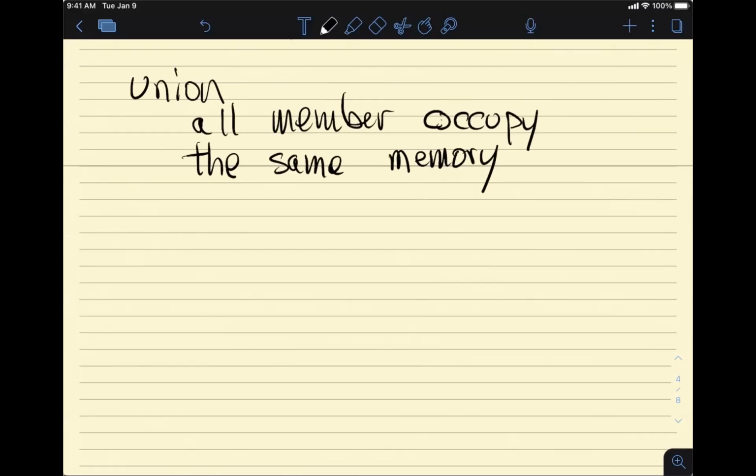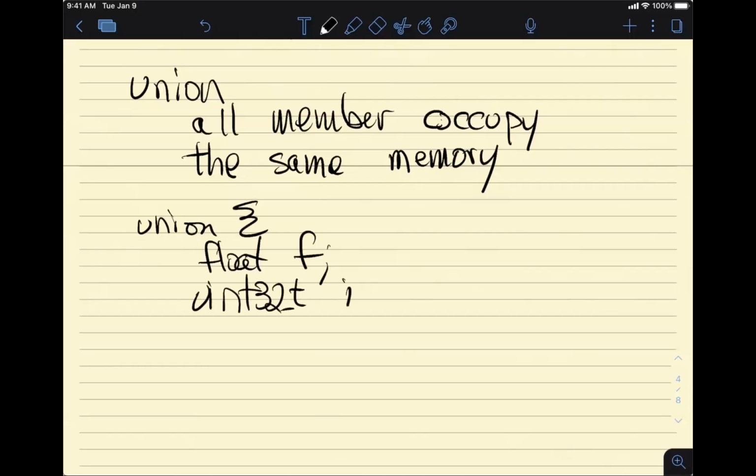So as we say union, float F and uint32 type I, what you're actually going to have is 32 bits, because that's the size of a float and a uint32.